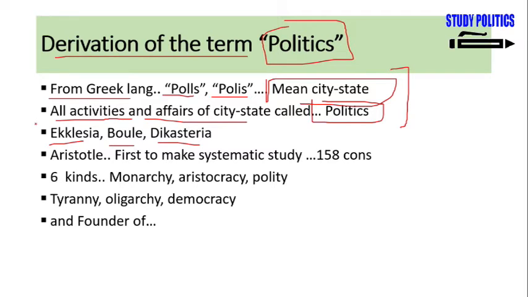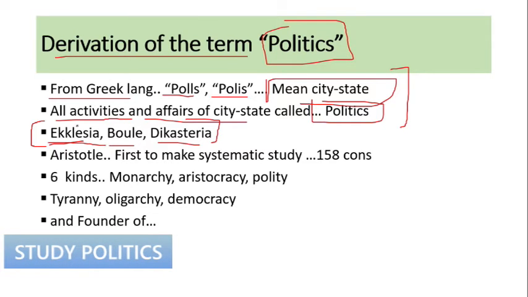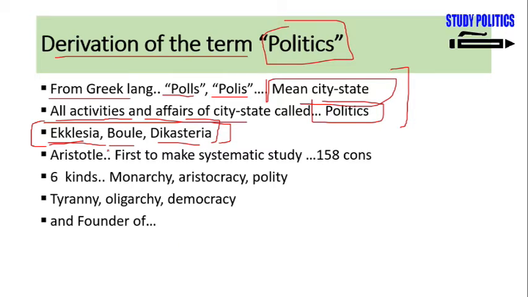Now I am not going into the detail of these political institutions because this is not my topic, but suffice it to say that in Athens it was compulsory for every eligible male Athenian to participate in these political institutions. In these institutions, they would, for example, choose their political leaders, or decide different political disputes.